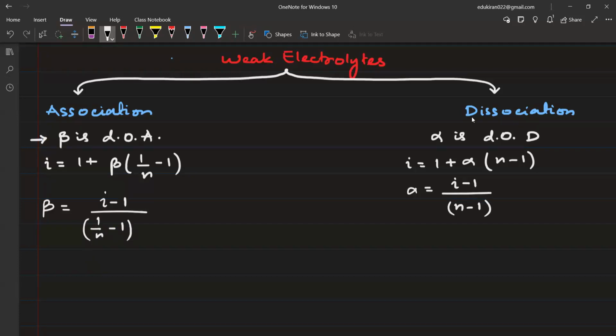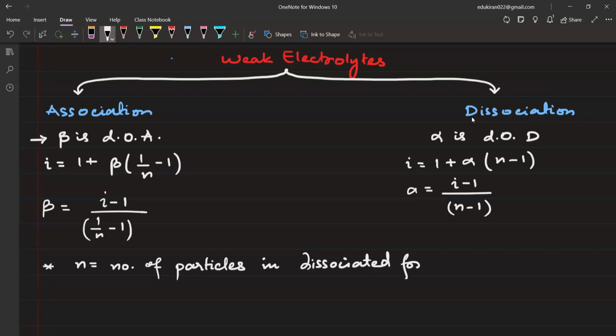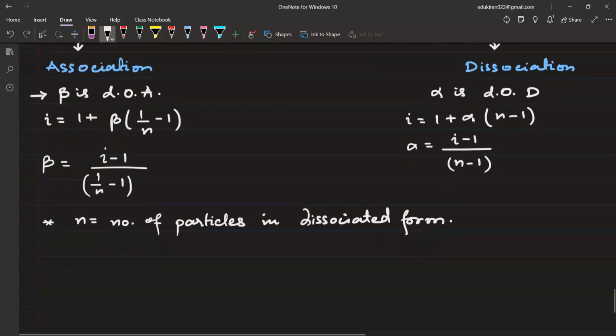Now in both the cases, n is equal to the number of particles in the dissociated form. How will association or dissociation happen? See here, guys, in association, how can we have dissociation?